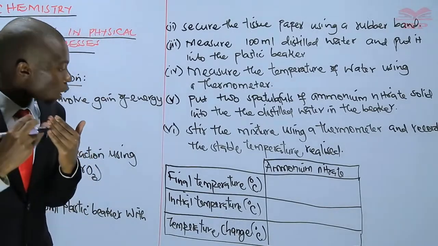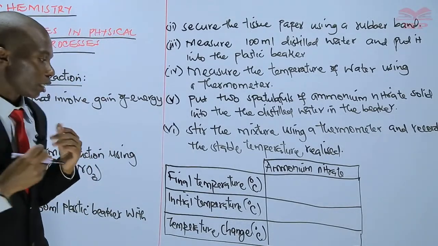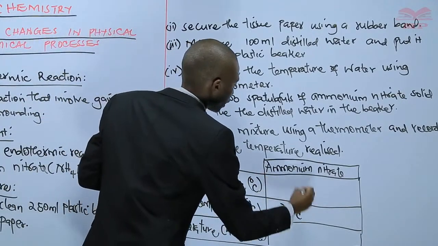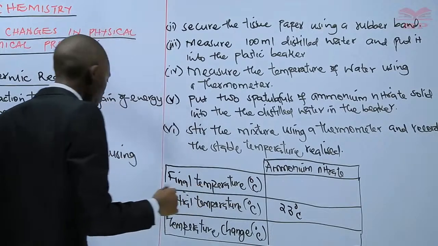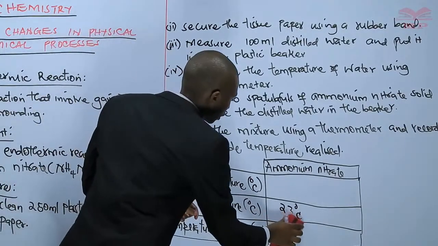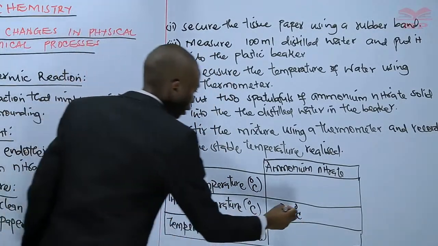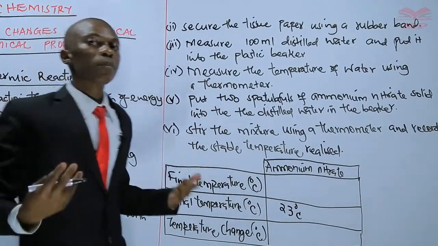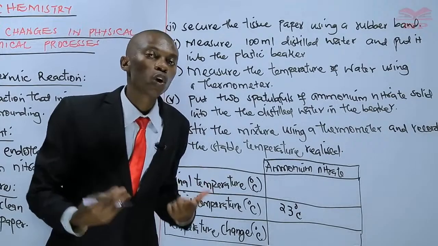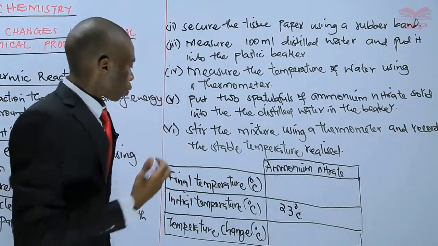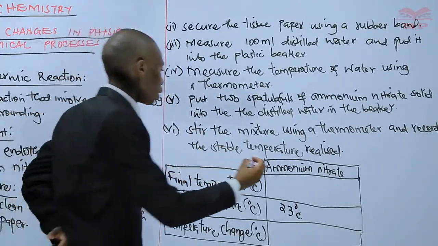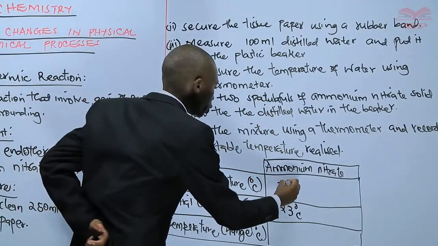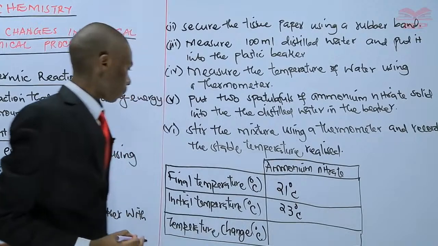For example, if our initial temperature was 23 degrees Celsius, we expect this temperature to go down. Maybe it will go down by 2 degrees Celsius, so our final temperature will be 21 degrees Celsius.